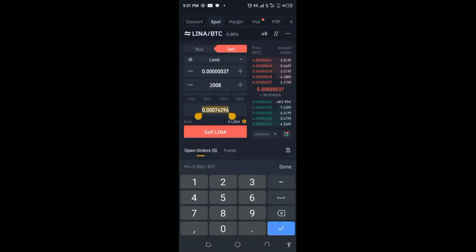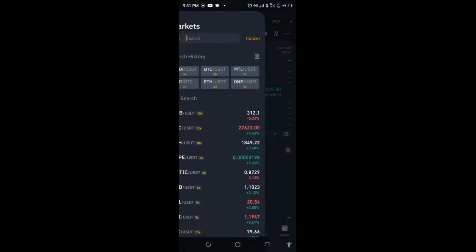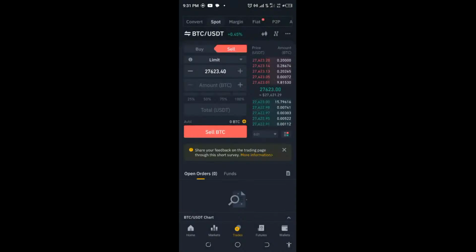Let's see if we'll make money with this. Let's put this in here. Okay, we've got 44 cents. That looks good. By the time we do all the changes and everything, that should give us about 40 cents. So let's go ahead and try this out.